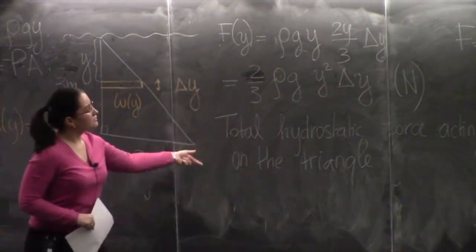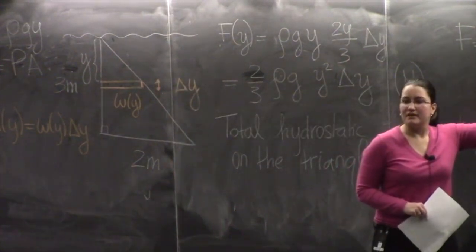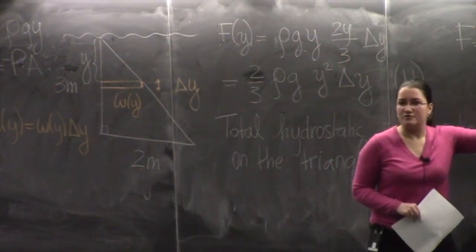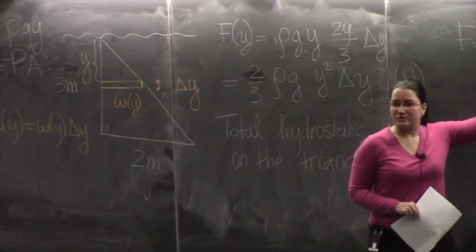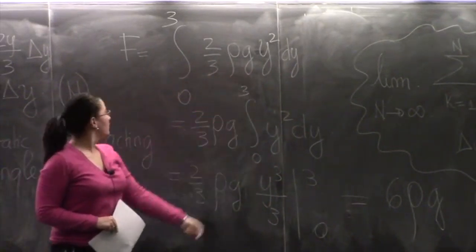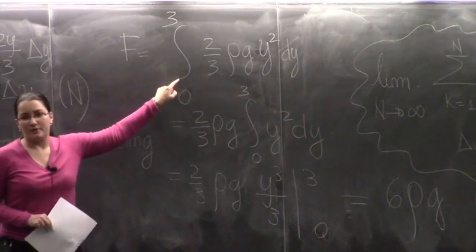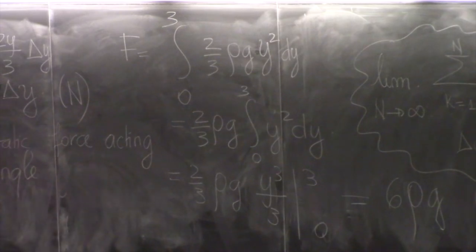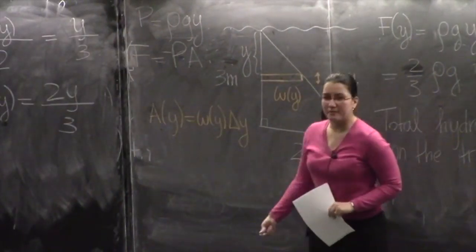And now to compute the total hydrostatic force, we need to add them together. Because we are adding an infinite number of strips and delta y goes to 0, the appropriate addition is just the integral. This is the integral of exactly the function from before. Delta y becomes the dy of the integral, and the appropriate bounds of integration are just basically measuring how far your object stretches in terms of the y-coordinate, in terms of the depth.